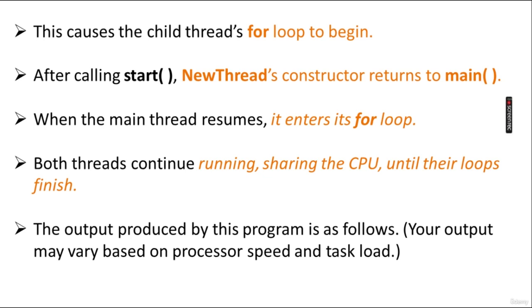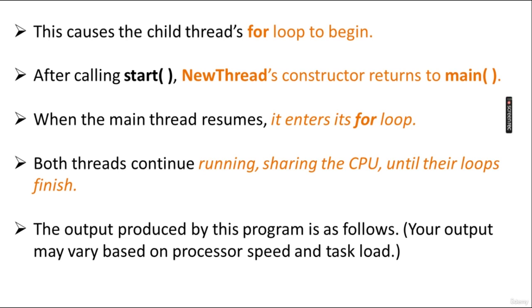For the child thread, we have given the sleep time of half a second, that is 500 milliseconds. And for the main thread, we have given the sleep time as 1000 milliseconds. So the child thread will be halting for half a second, and the main thread will be sleeping for 1 second.